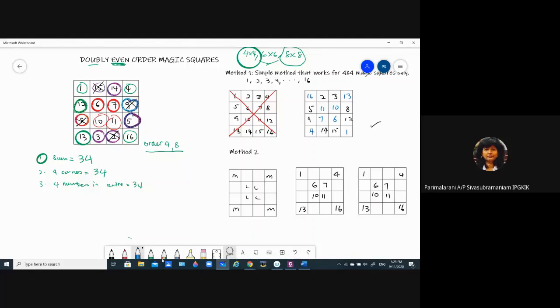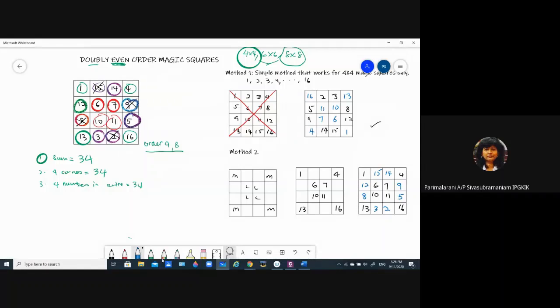We're going to count backwards: 16, 15, 14, 13, 12, 11, 10, 9, 8, 7, 6, 5, 4, 3, 2, 1. Okay, so we have completed the magic square.